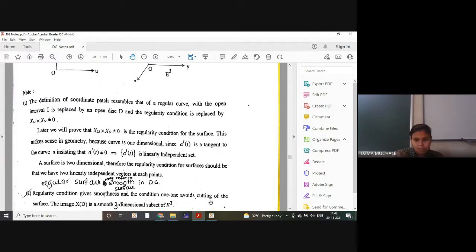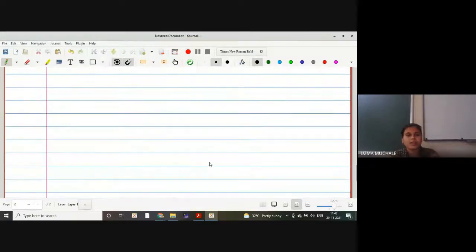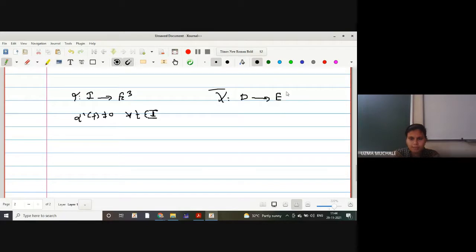Now let me show you the resemblance of how the condition of regularity works in our curve as well as in a coordinate patch. Alpha is a mapping from I to E3 and ensures that alpha dash of t is not equal to 0 for all t belongs to I. Then we say that the mapping is a regular map or the curve is regular. Now here x is from D to E3, where I is a subset of E and D is a subset of E2.